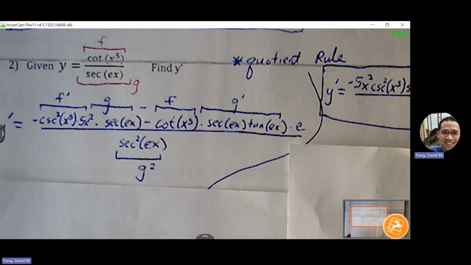Would it change, why would it change into 5x squared instead of 5x? Oh, no, sorry. So we have 5x to the fourth, right? I bet.